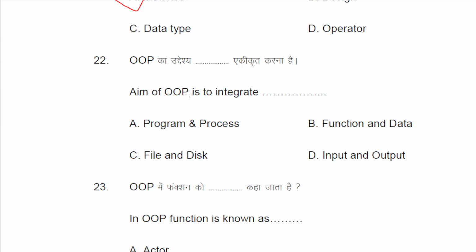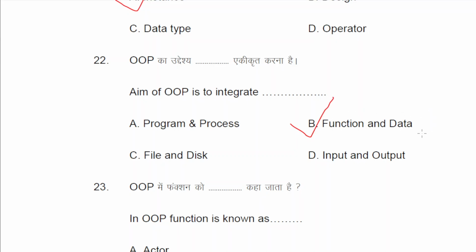Aim of the OOPs is to integrate. Mainly in the OOPs we used to integrate the data and the function. Whatever the data we have and whatever the manipulation we will be doing on the data, that we used to call a function or method. So aim of the OOPs is to integrate function and data.